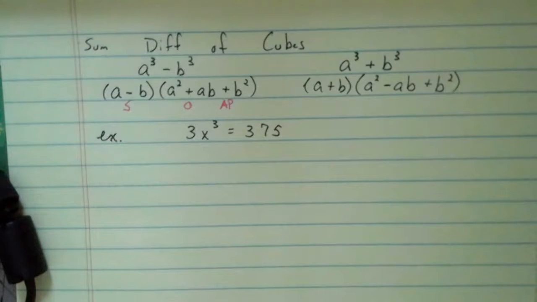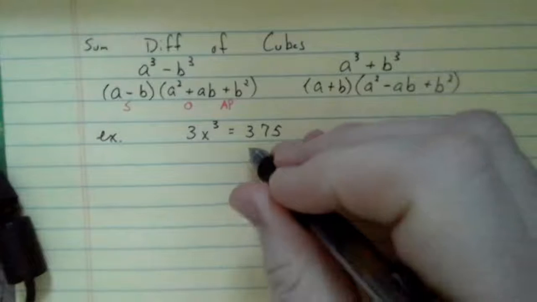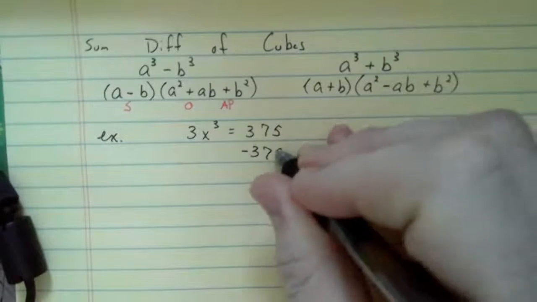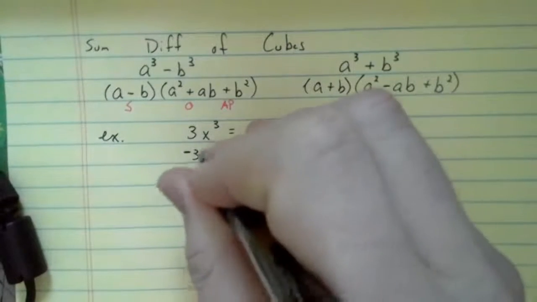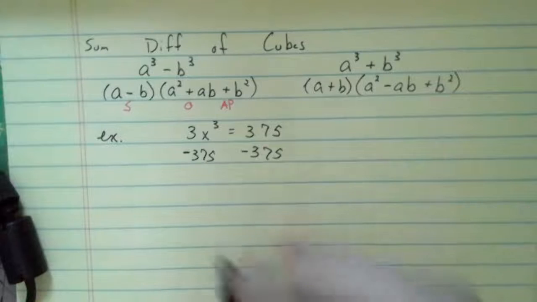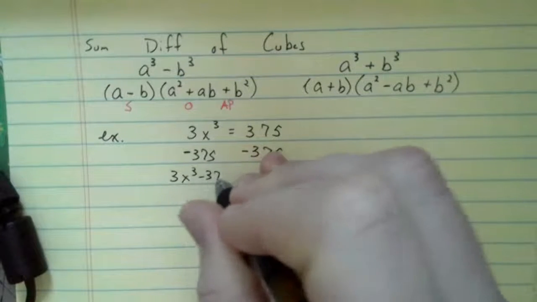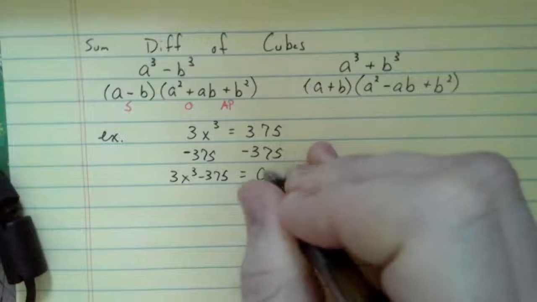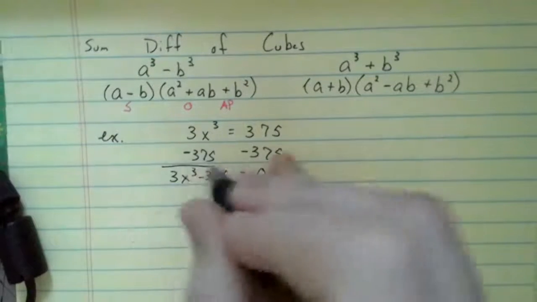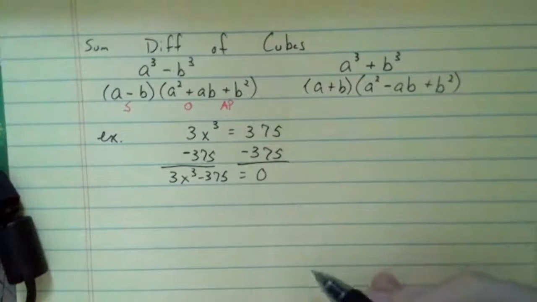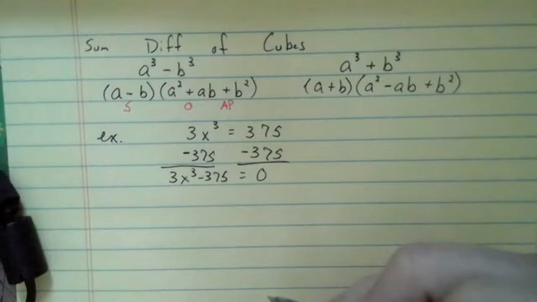So the first thing I have to do is set this equal to 0, okay? So I'm going to subtract 375 from each side. Okay. When I do that, I'm going to end up with 3x cubed minus 375 equals 0.